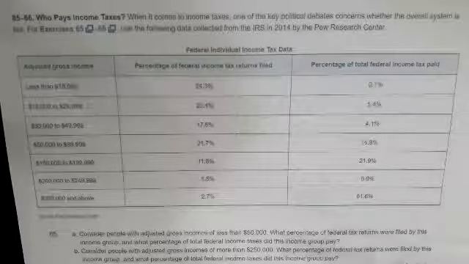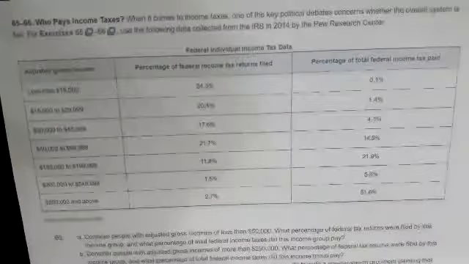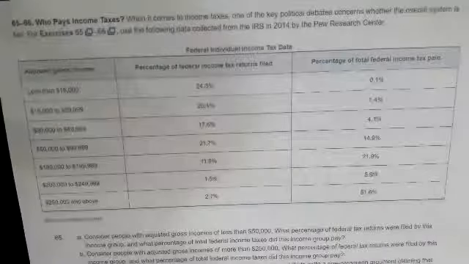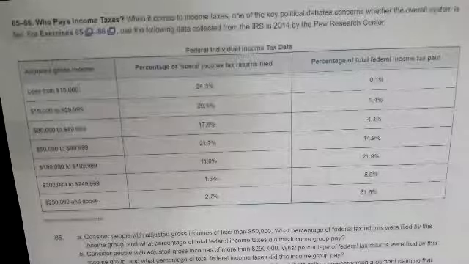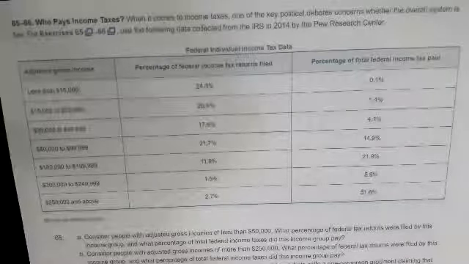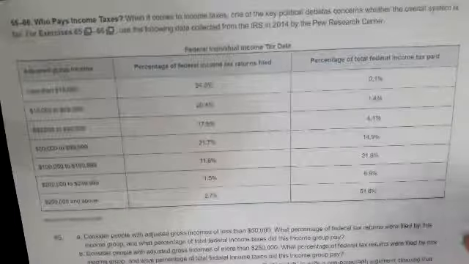Less than 50K would be what? Everything here and above. So I think what we're doing is we're just adding those three numbers, 17.6 and 20.4 and 24.3. It sounds like what percentage of federal tax returns are filed is 62.3.